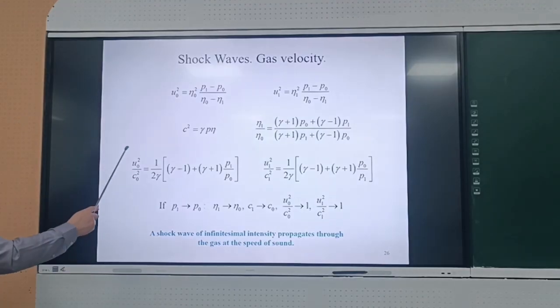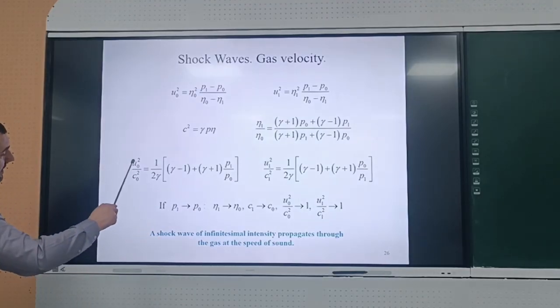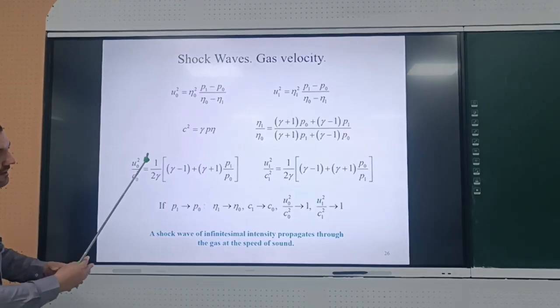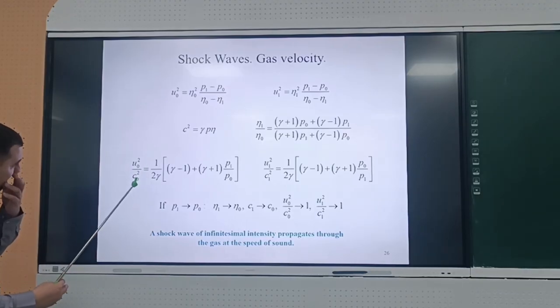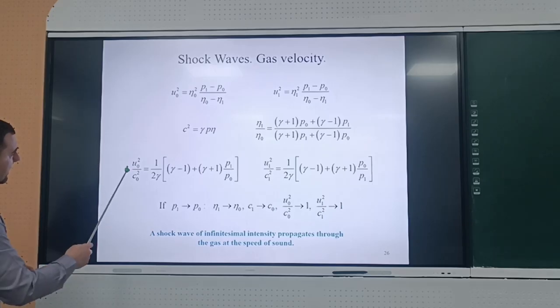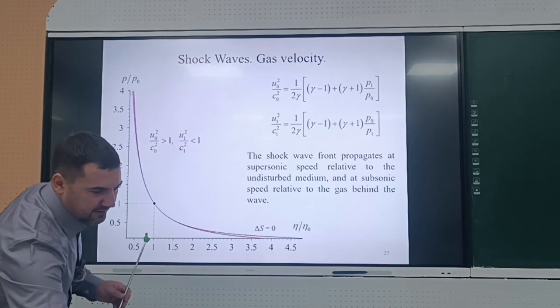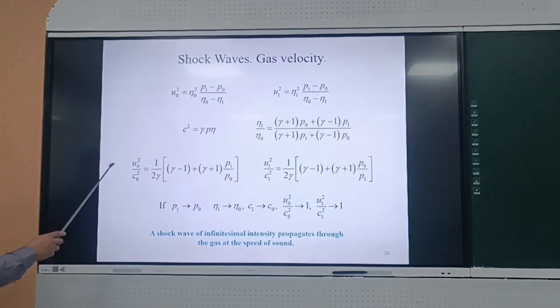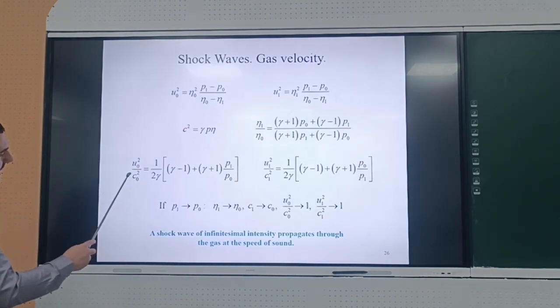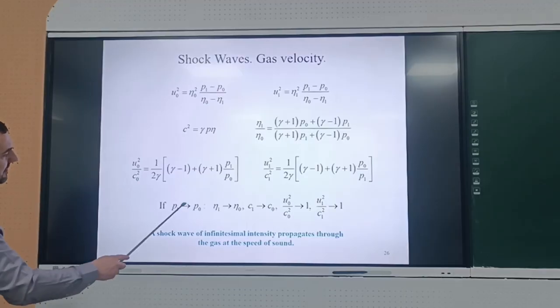And then we can get expressions for the relative velocity of the shock wave relative to gas motion ahead of the wave and behind the wave, and consider limits.